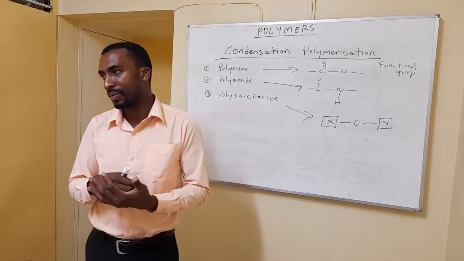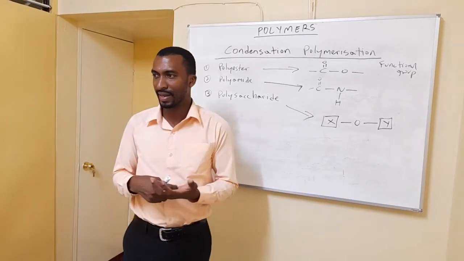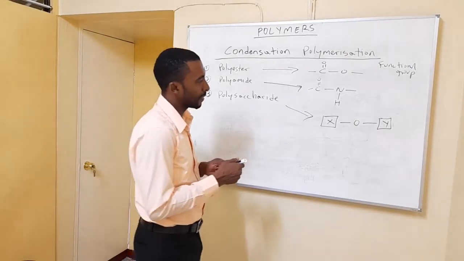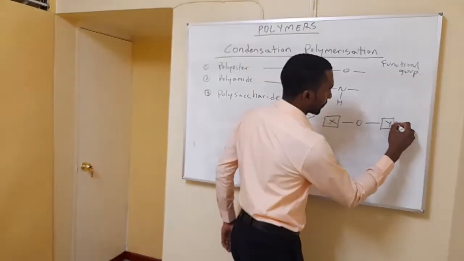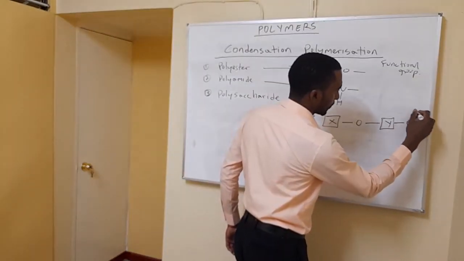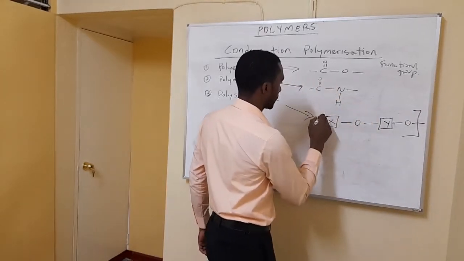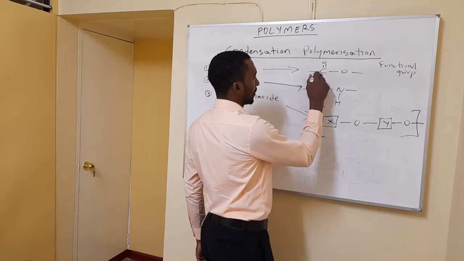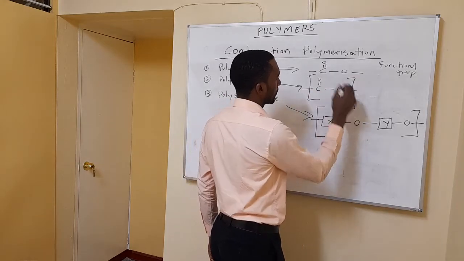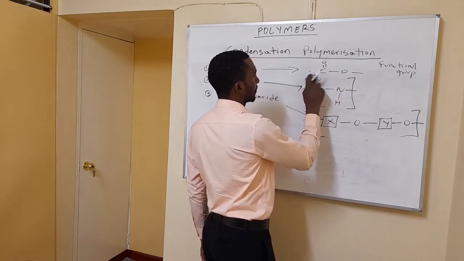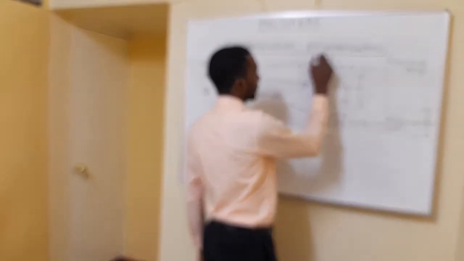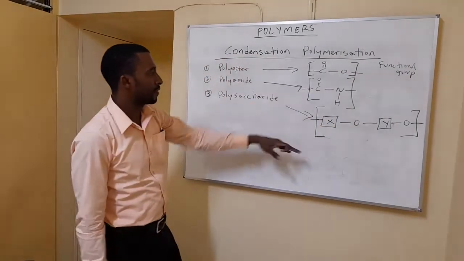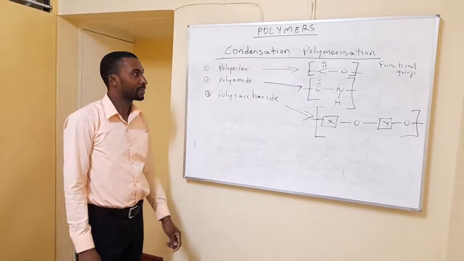One alcohol will lose the OH, the next one will lose just the hydrogen. Alright, but we'll look into that shortly. It's going to be the unit, alright? Good. So these are the functional groups for a new molecule, right?